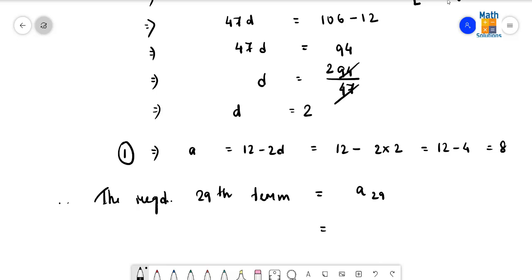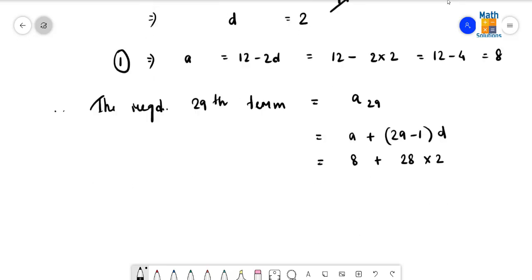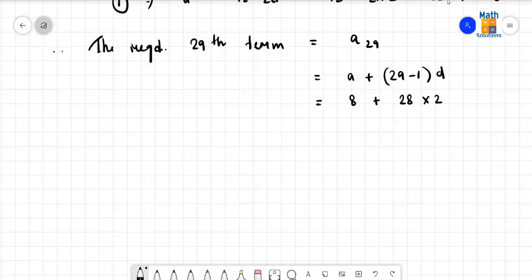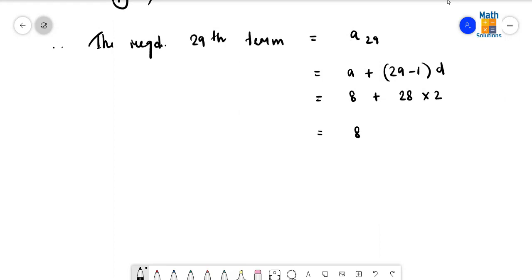This will come as a plus 29 minus 1 d. In the respective places, let's put the values. 8 plus 28 into 2, the result comes as 56. While summing up, the result will come as 64, and this is the required value of the 29th term.